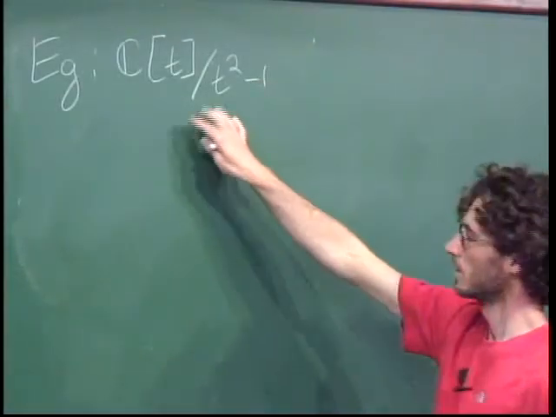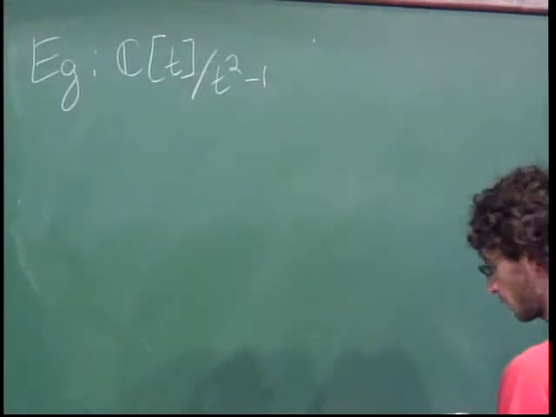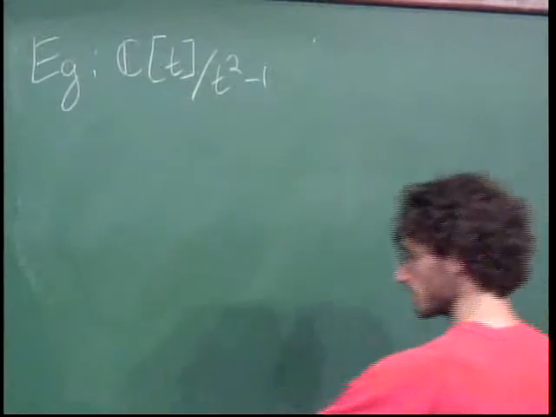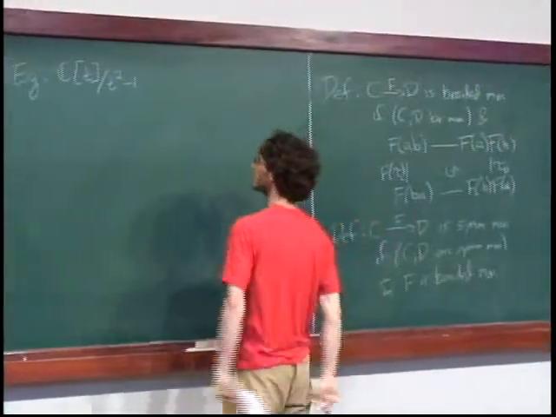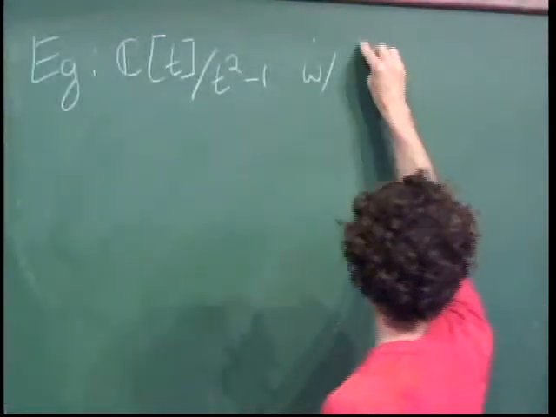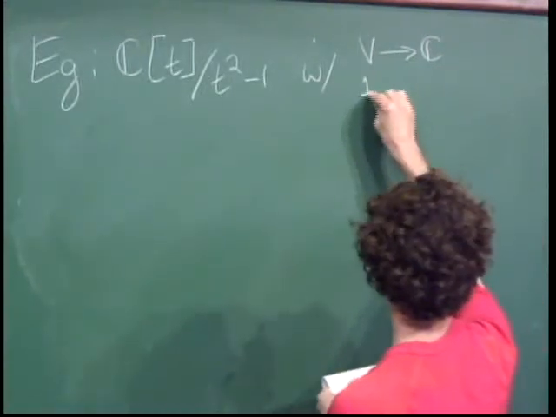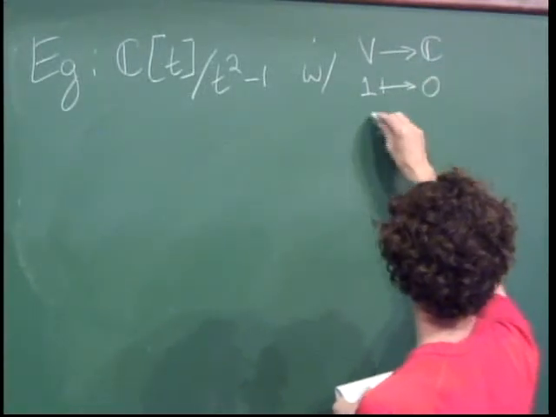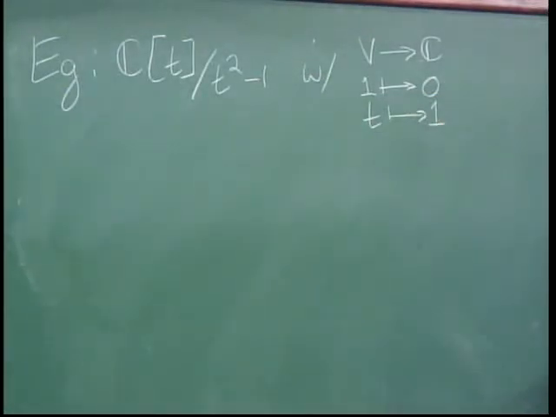So that's going to be the unital algebra, and according to this exercise, all I need to tell you is what the co-unit is to specify the Frobenius algebra. So the co-unit is a map from V to C that sends 1 to 0 and sends T to 1. First of all, I claim that it is a Frobenius algebra.